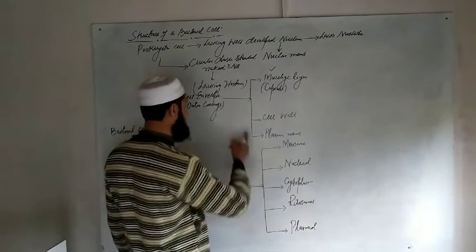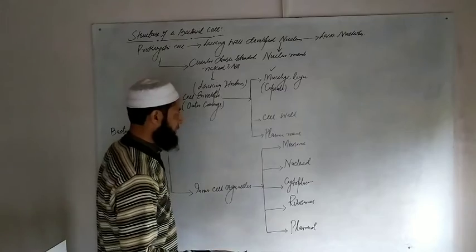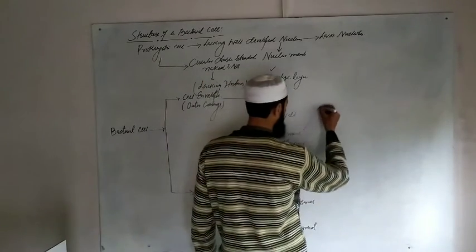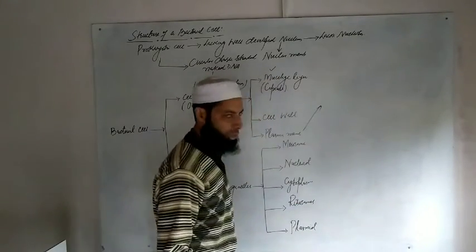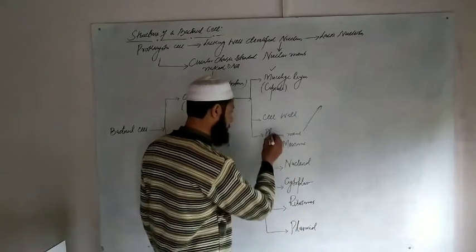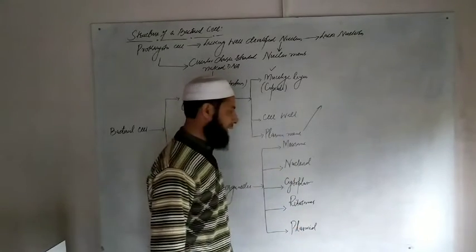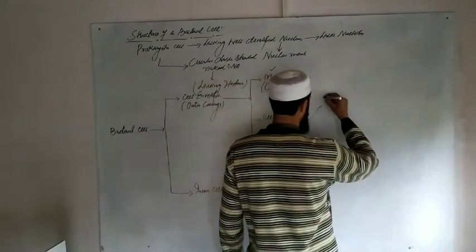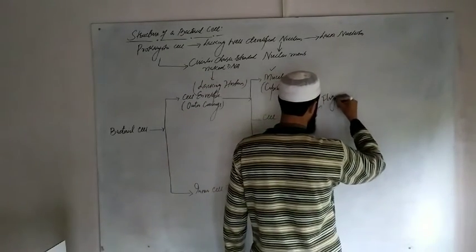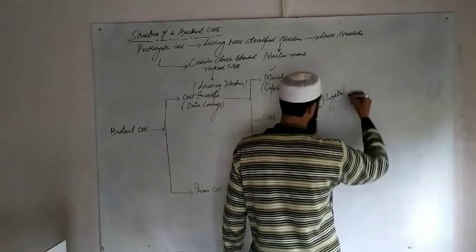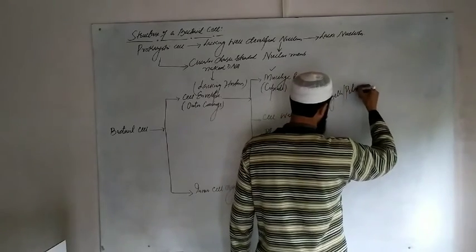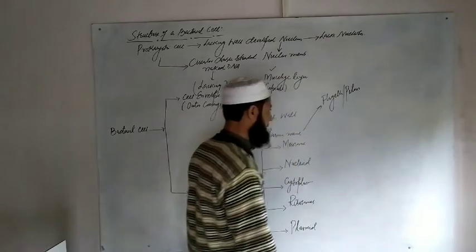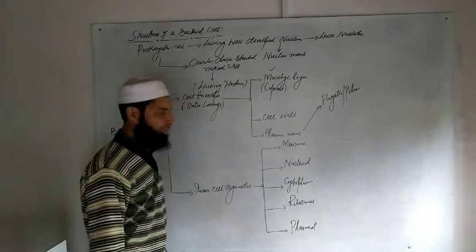In the outer coverings, the plasma membrane also bears locomotory organs. These arise from the plasma membrane in the form of flagella or pilus.